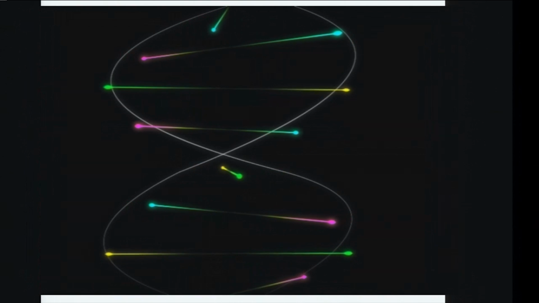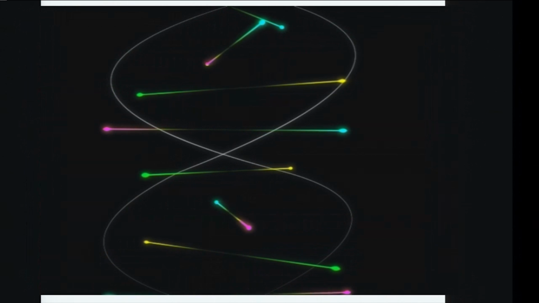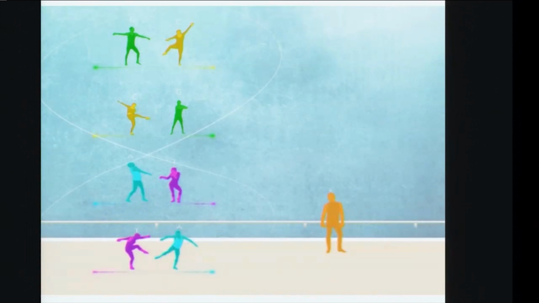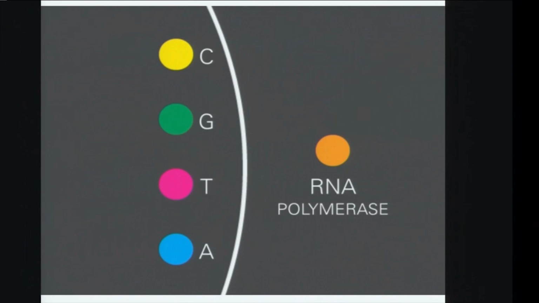Let's recap in scientific terms what we have learned about DNA and protein production. Under the constant direction of RNA polymerase, certain DNA nucleoprotein partners, adenine and thymine, guanine and cytosine, are commissioned to separate from one another.